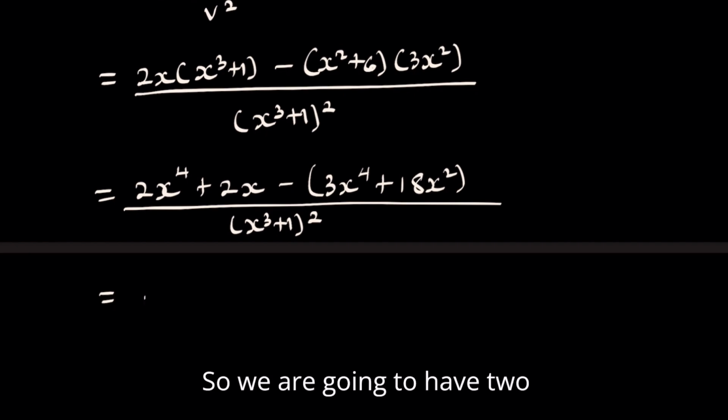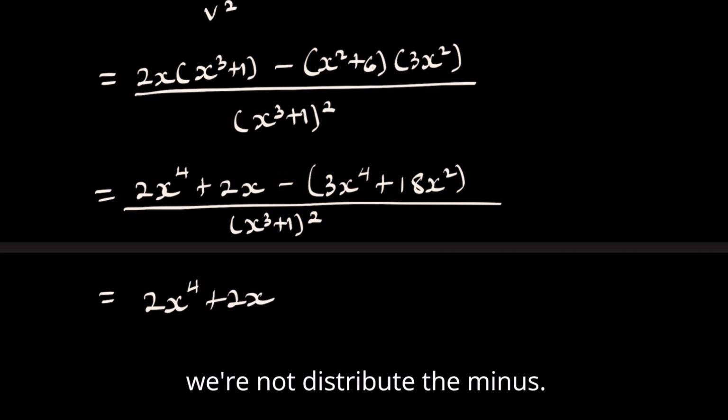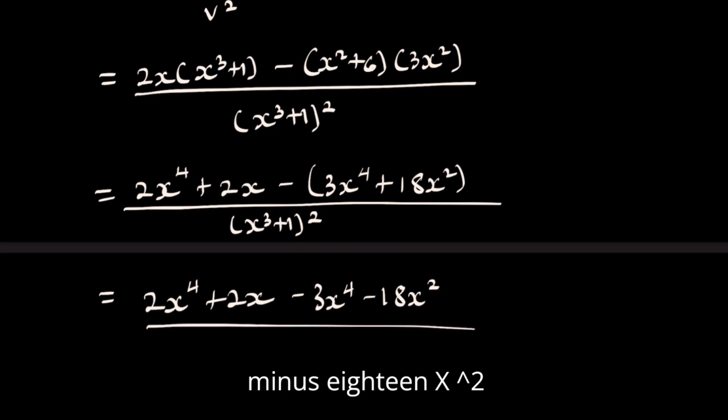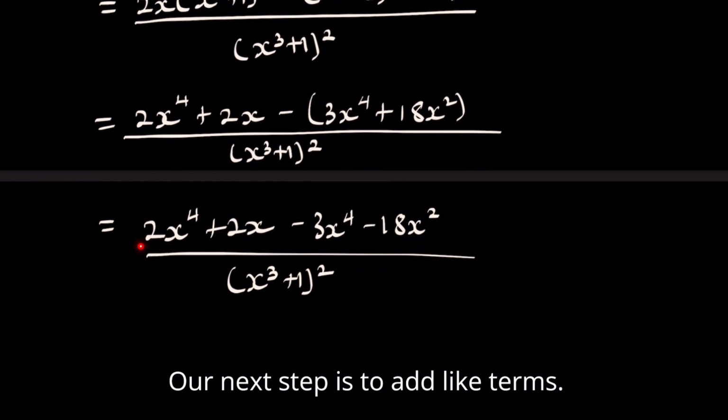So we are going to have 2x exponent 4 plus 2x. So we now distribute the minus. So that will give us minus 3x^4 minus 18x squared, divided by (x cubed plus 1) all squared. Our next step is to add like terms.